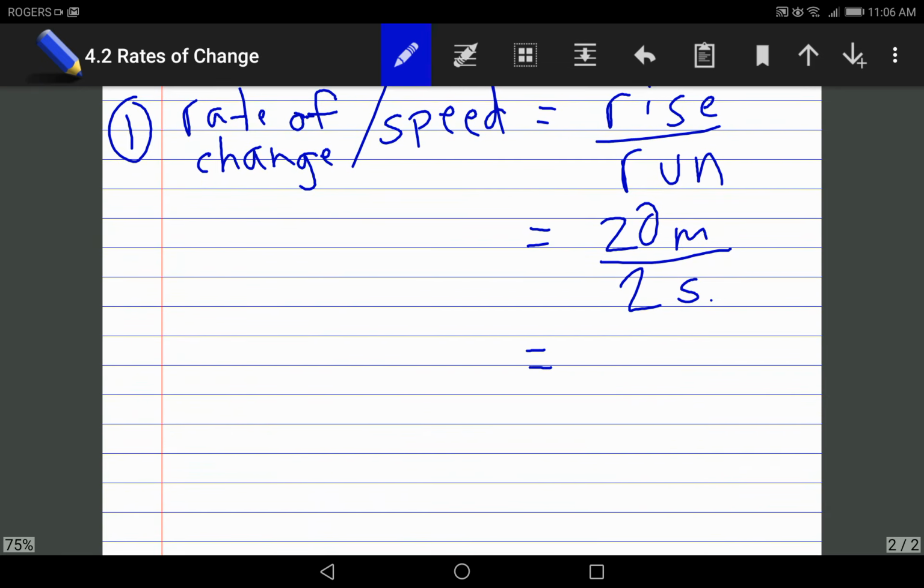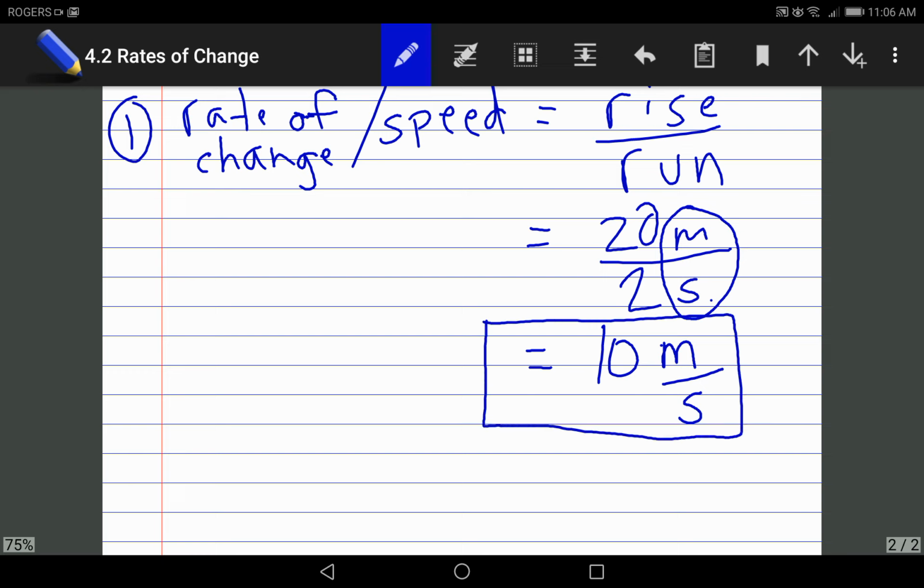That equals 10. Now, be careful here. You've got to keep your units. Because we have meters over seconds, we are going to keep that and say that our slope or our speed is 10 meters per second. And that is going to be our final answer for the measure of the steepness of that line.